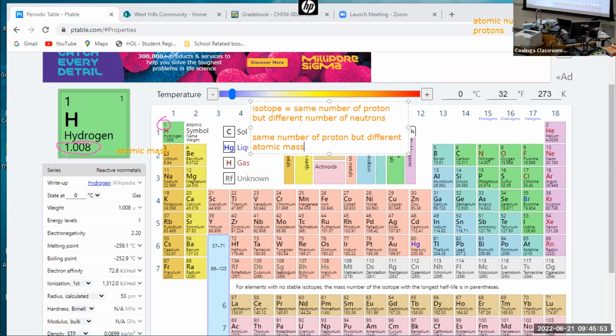It's neither positive nor negative. But I told you that every atom is defined by the number of protons. So hydrogen must have how many protons? How many electrons must hydrogen have? 1. Why? They cancel out that positive. So hydrogen has to have 1 proton and 1 electron if it's neutrally charged.